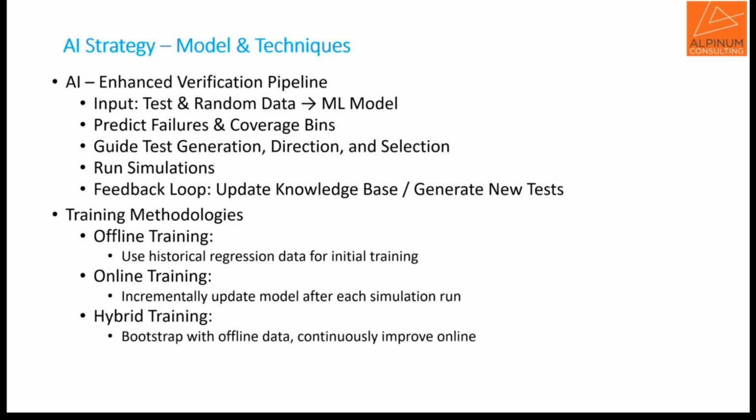When you've actually run those tests and got the real coverage information, you can look at how accurate your prediction was, so you can continuously learn about your predictions, and that does save a lot of time. You don't have to keep running everything through simulation. You can run it through your prediction engine and then see how good your predictions are.